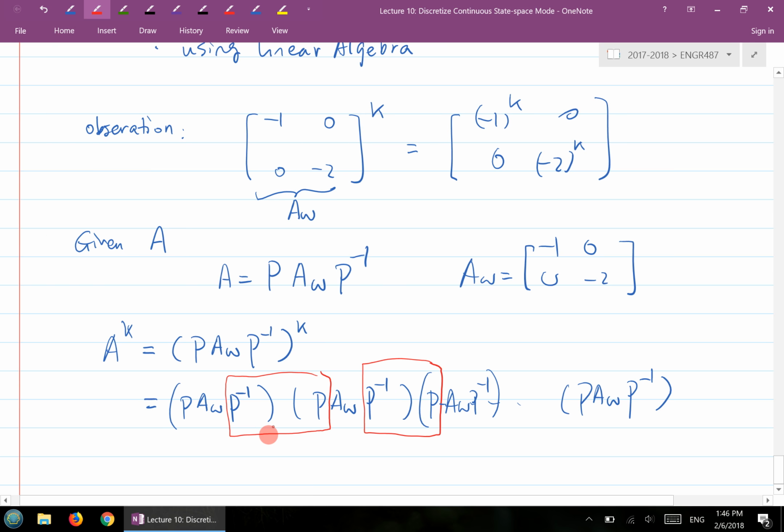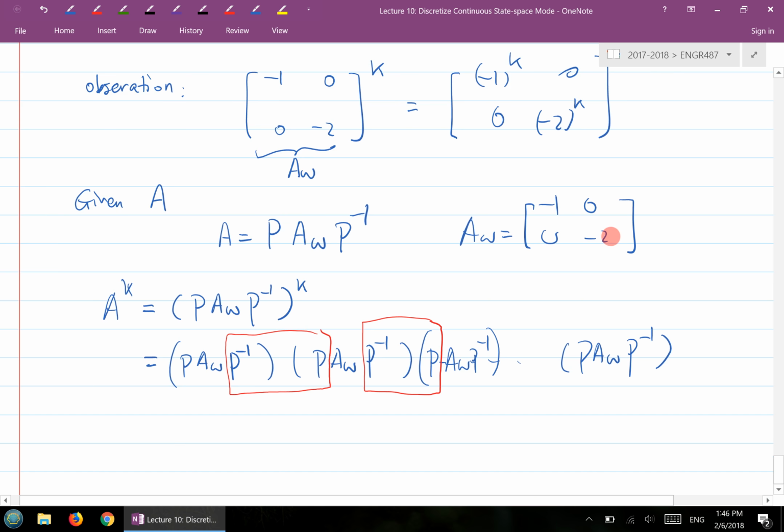If you look at the adjacent two terms, P inverse times P equals what? It's I, and this times this equals another I. If you follow through the chain, all of these P inverse P, P inverse P, they all disappear. So you end up with just the front P and the last P inverse.